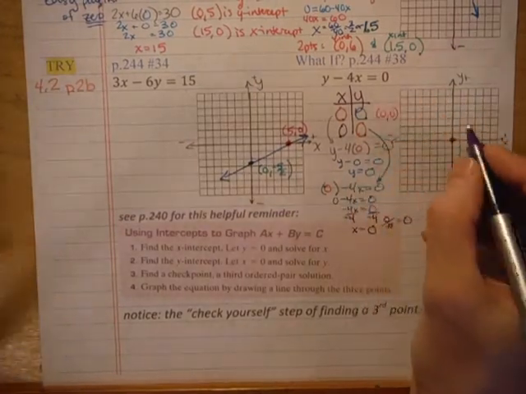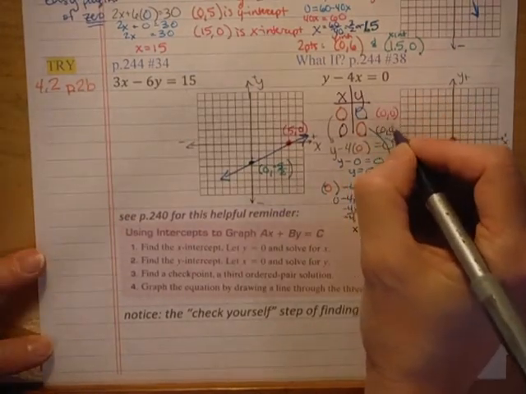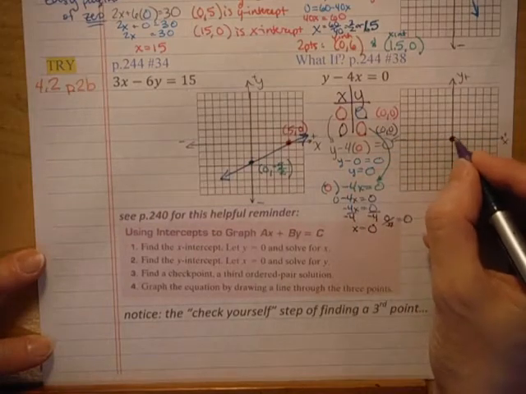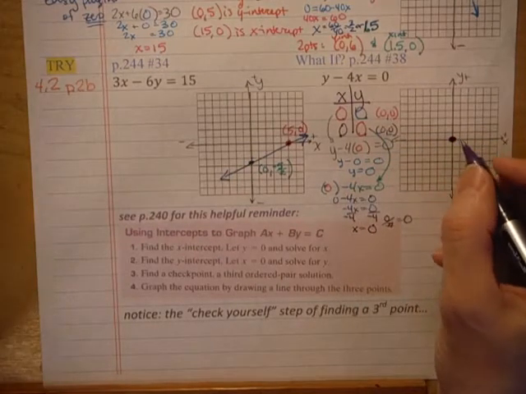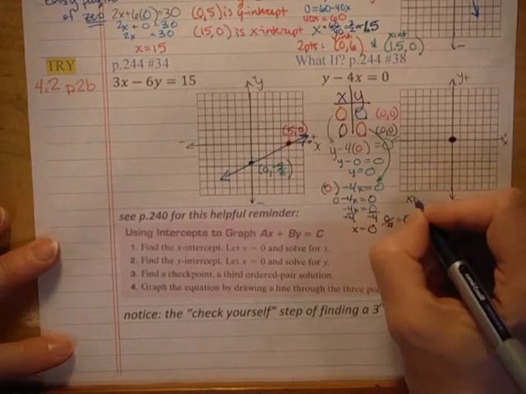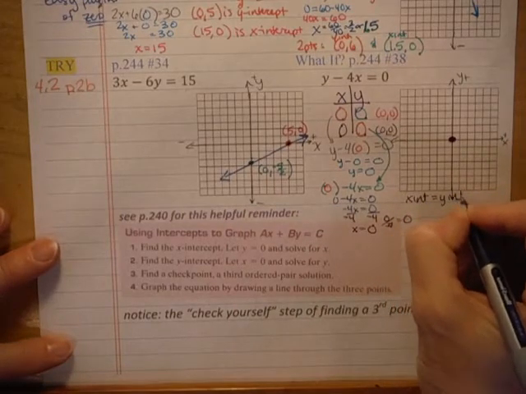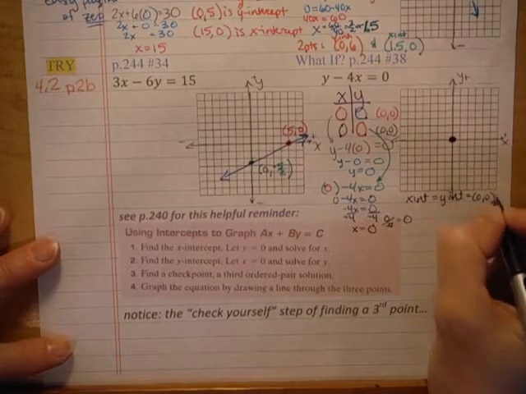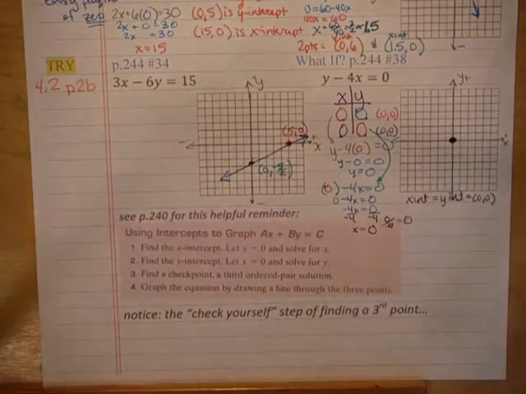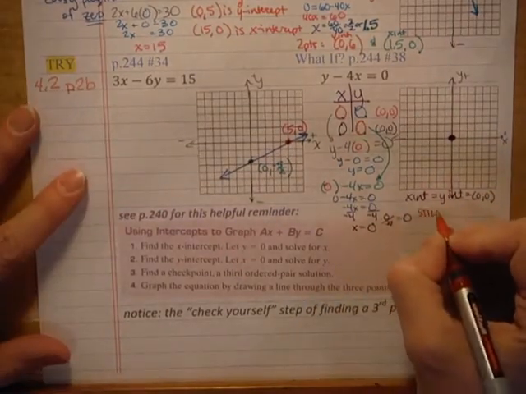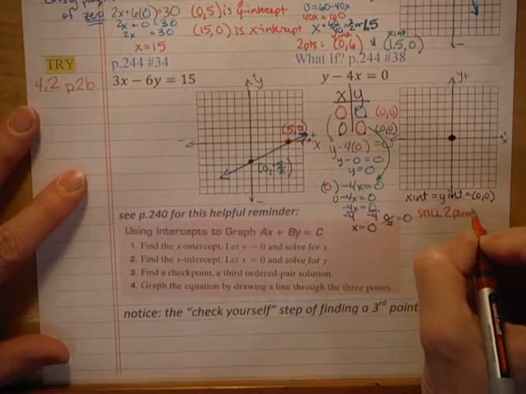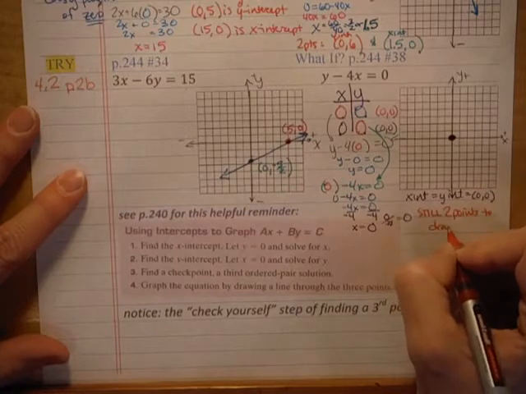So what we did here is we found both intercepts, but it happens to be one of those lines that goes through the origin. We got that the x-intercept is equal to the y-intercept, which is (0, 0), but we didn't get 2 points. We still need 2 points to draw the line.